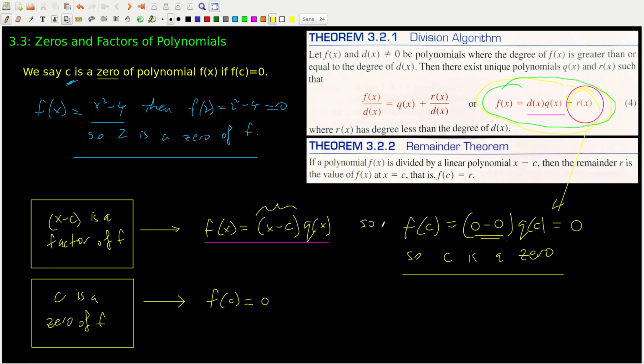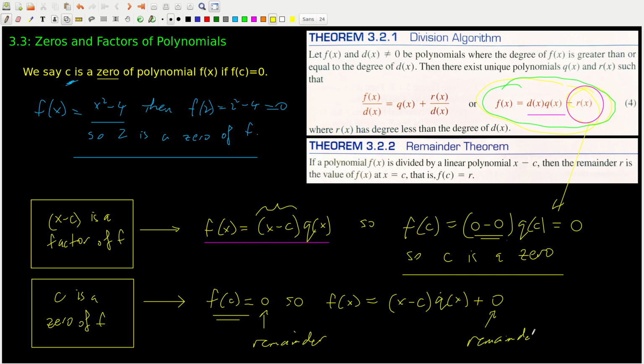And so that means if I were to divide the function by x minus c, what I must get is a 0 remainder, because this will be the remainder. We know that c is a 0, that tells us that f of c is 0, and then when we apply the division algorithm, we're going to end up getting this. We're forced to have the remainder of 0 by our remainder theorem.